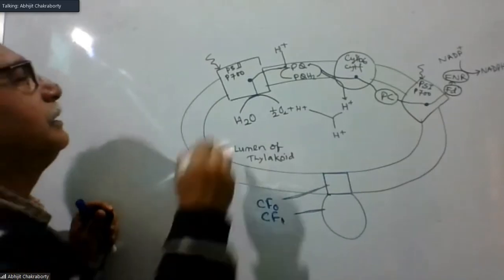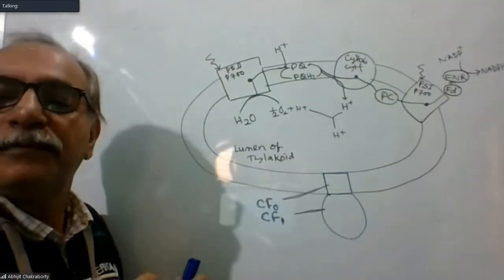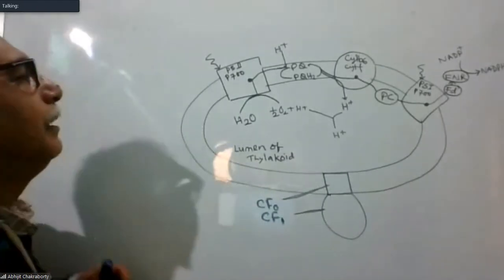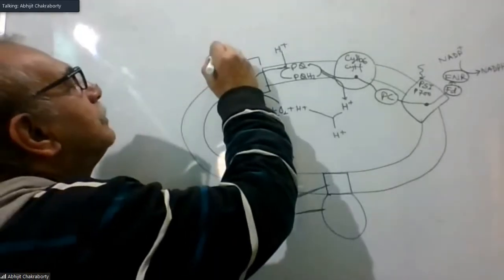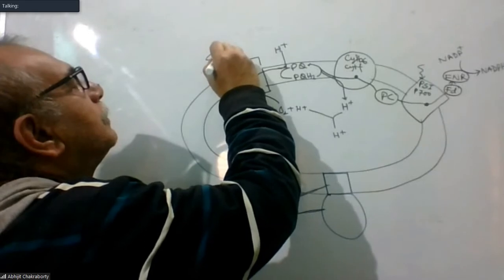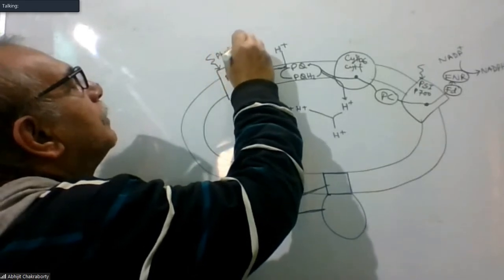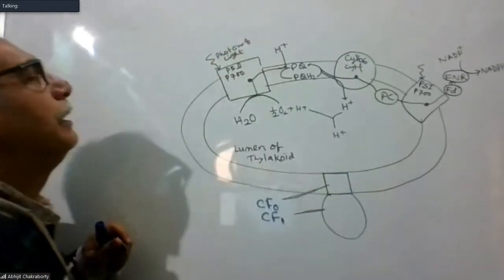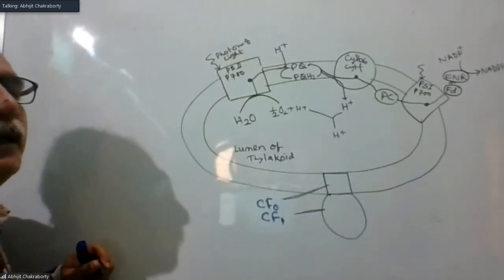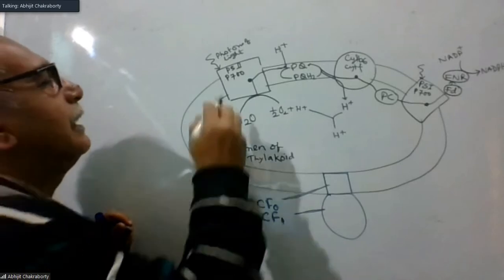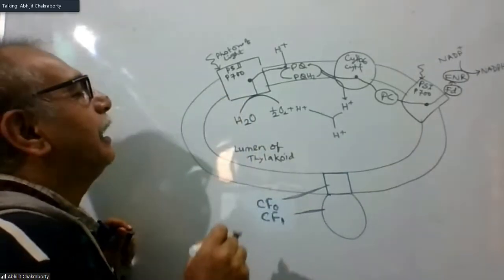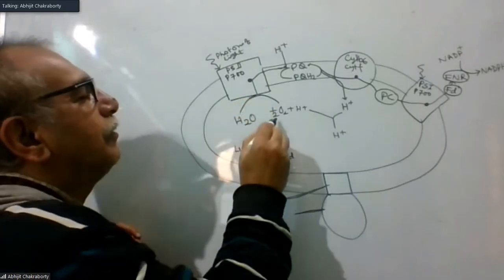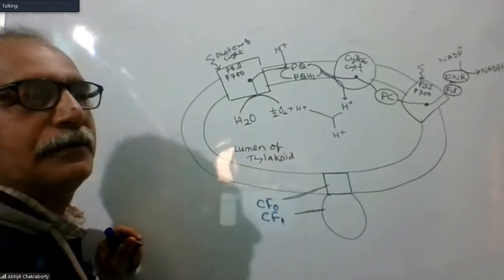So what happens if this is the PS2? And when photons hit P680 chlorophyll a, it gets energized to release one electron, and it causes the splitting of water to form oxygen and hydrogen ion.